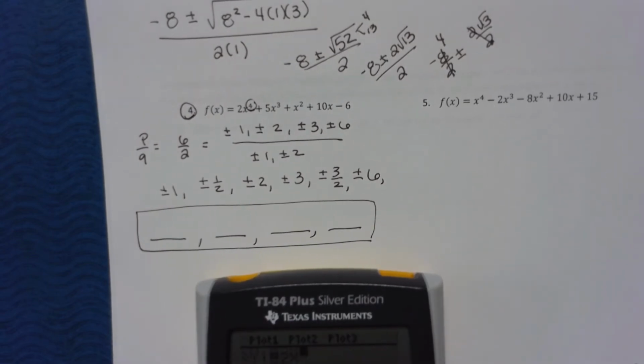So 2x to the 4th. We'll go to our table and we'll start trying some. So 1, negative 1, 1/2. 1/2 worked.